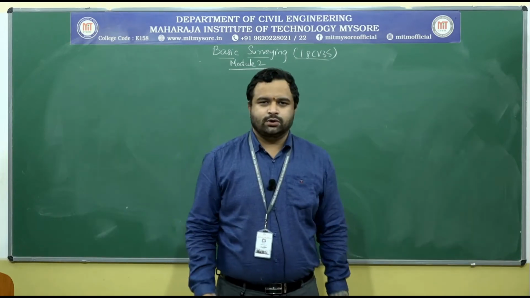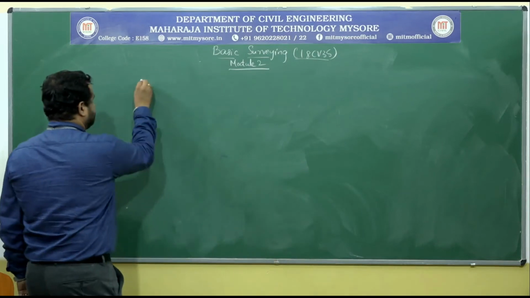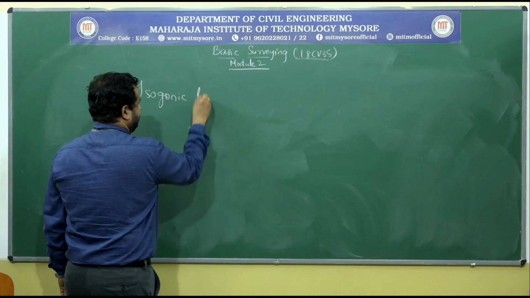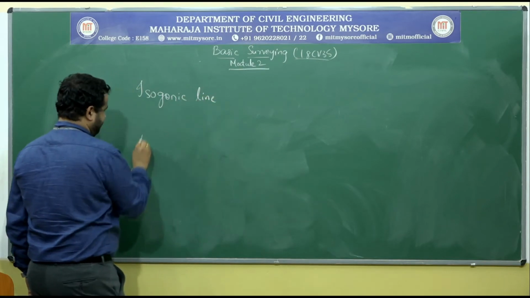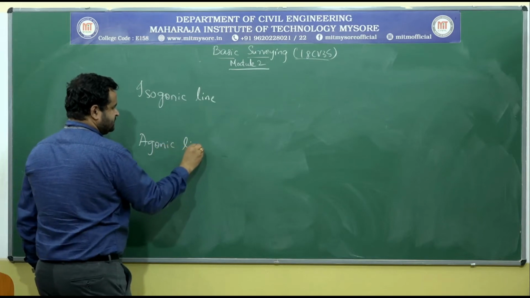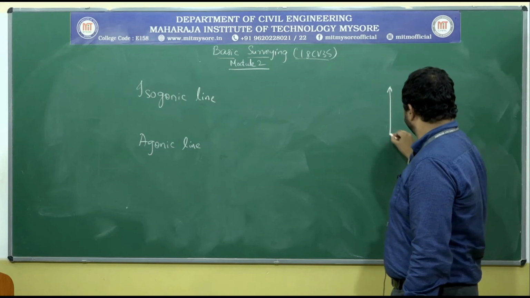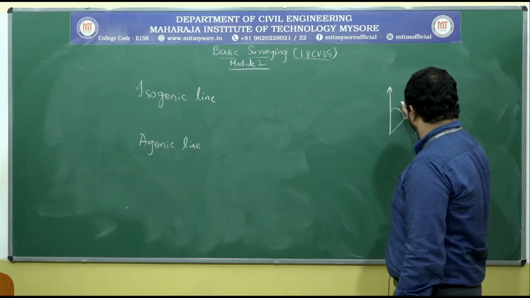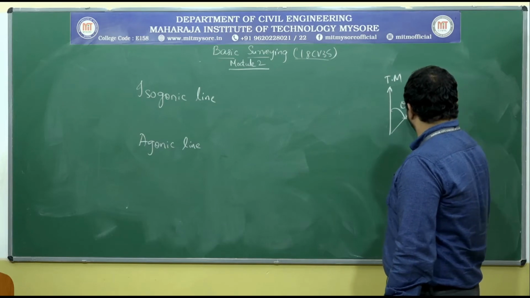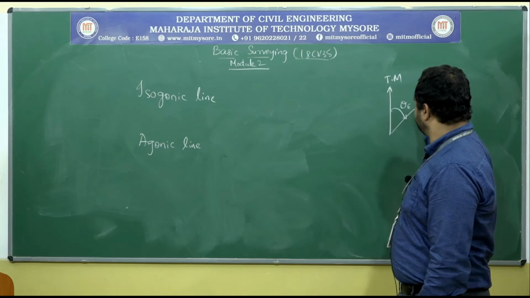Next, let us move on to the isogonic line and the agonic line. What is an isogonic line? We have seen what declination is: the angle made between the true meridian and the magnetic meridian.